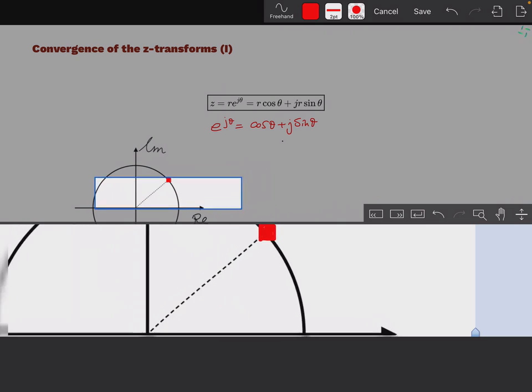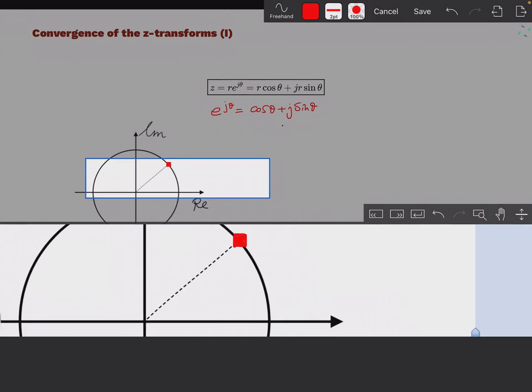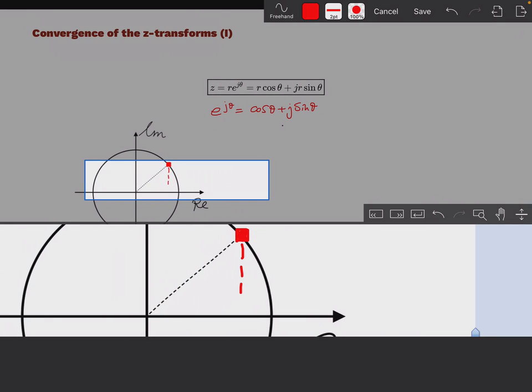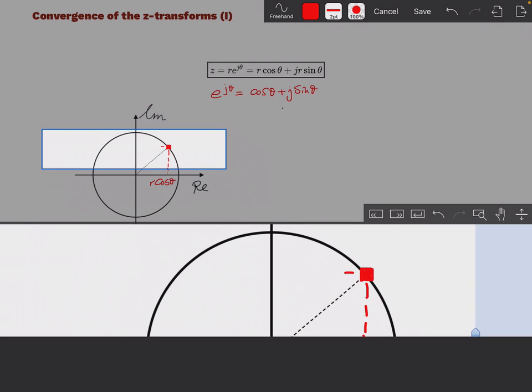Okay, and the x-axis, which is the projection of this into the space of real numbers, is r cosine theta, and the imaginary part is r sine theta.